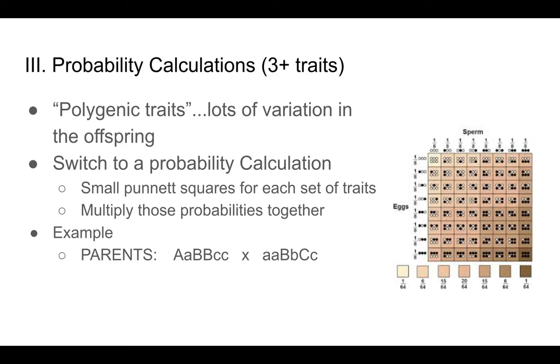And so the question style changes when you hit a tri-hybrid and beyond cross. Instead of the question asking you what are all the possible offspring that these 2 parents could create, it will give you a specific offspring, and it wants to know the probability of these 2 parents making this specific offspring. Let's take these 2 parents, for example. I've handwritten this out.